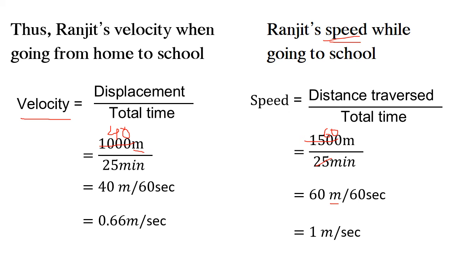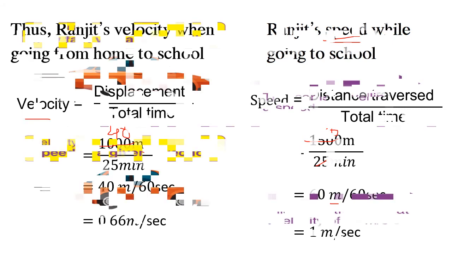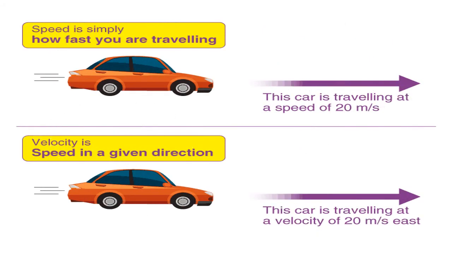If Ranjit had actually gone by the straight route AD, then the magnitude of his velocity and speed would have been the same. So speed is simply how fast you are traveling, and velocity is the speed in a given direction.